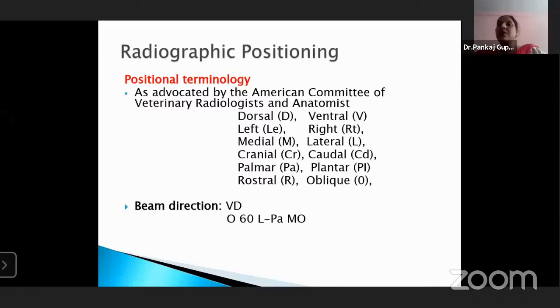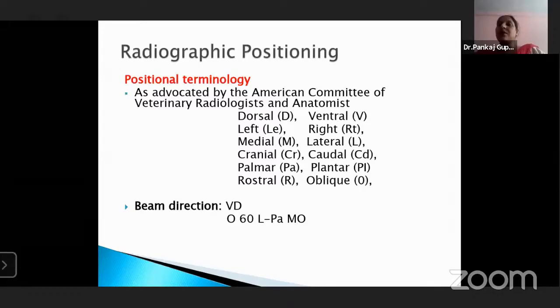Whenever we write about the exposure to be taken, we use these terms. These terms depict the direction of X-ray beam. Like in VD radiograph, the X-ray beam will enter from the ventral side of the patient and exit from the dorsal side of the patient.